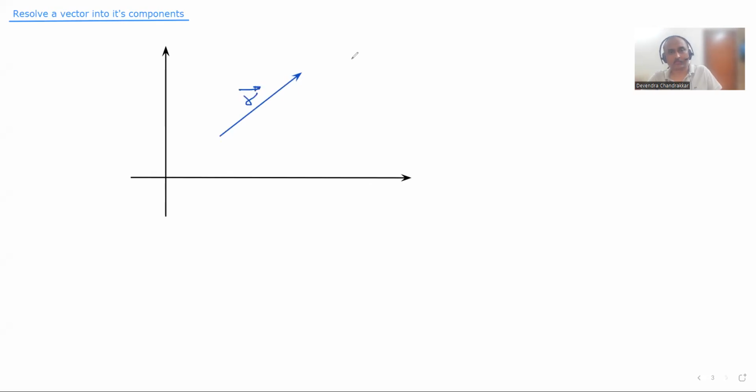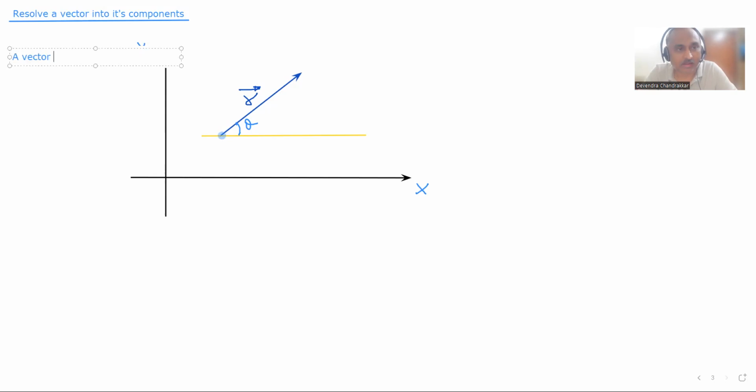Now the vector is making an angle theta with the horizontal, or with the x-axis. If you want to find its x component, but before I do that, let me write this thing.